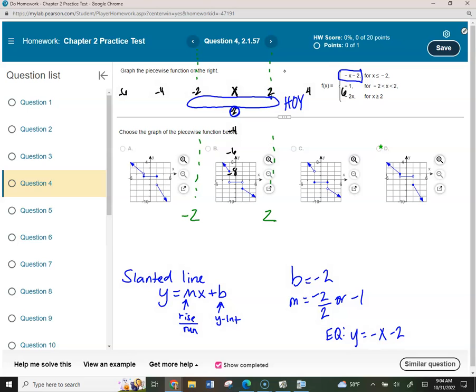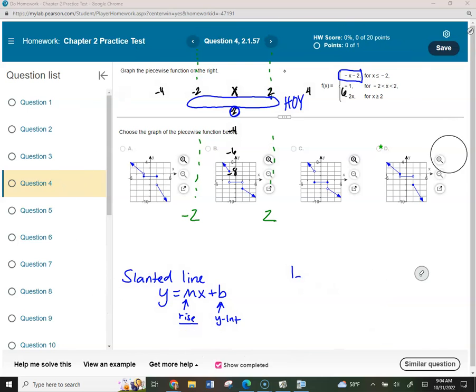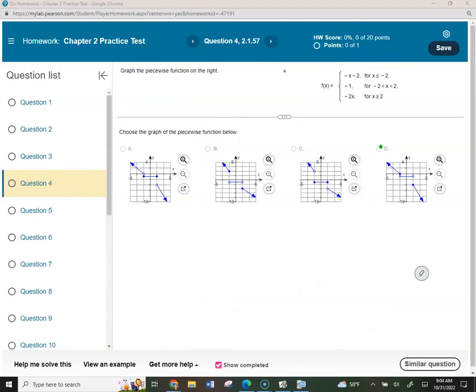Hey, another little telltale sign. Look at your two answer choices. I wish I could pull them up at the same time. Look right here at these graphs. This has a slope of -1, right? This is a slope of -1, and this is a slope of what? -2. This one's steeper. The third graph is steeper. So if you look at the two lines, this is the same technique every time you hit a similar question.